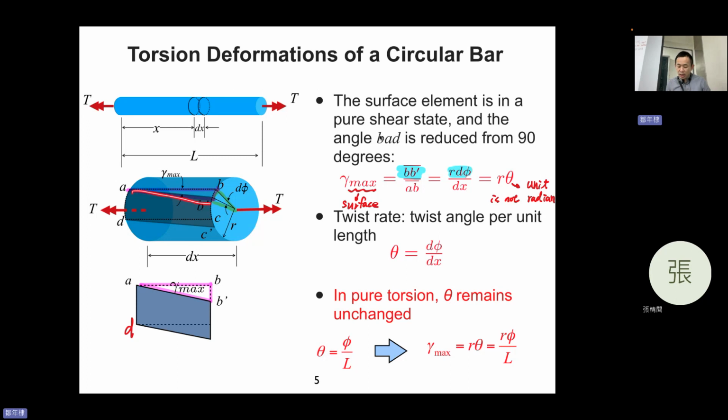So you can see phi will change linearly along x. So gamma max equals r theta, r phi divided by L. Okay, that's it. Sorry, I should give more L. This is L, because the greatest phi is phi L, divided by L, you get theta, which is the twist rate.